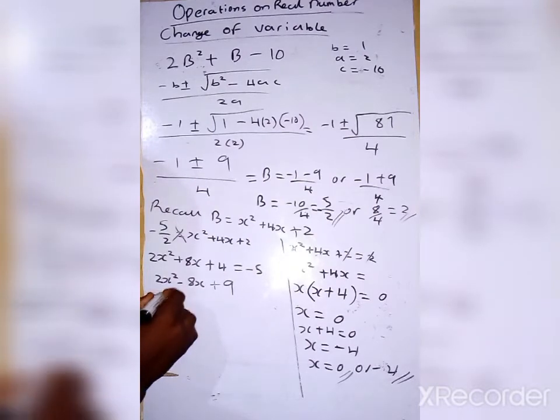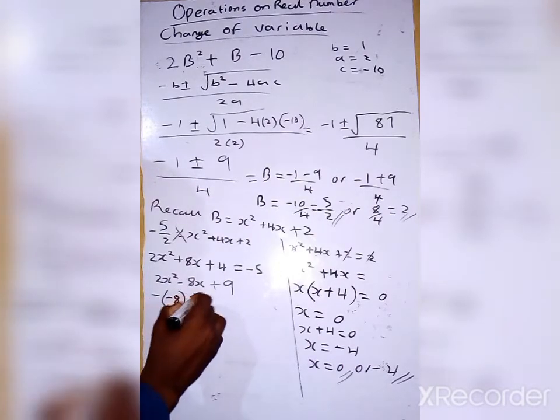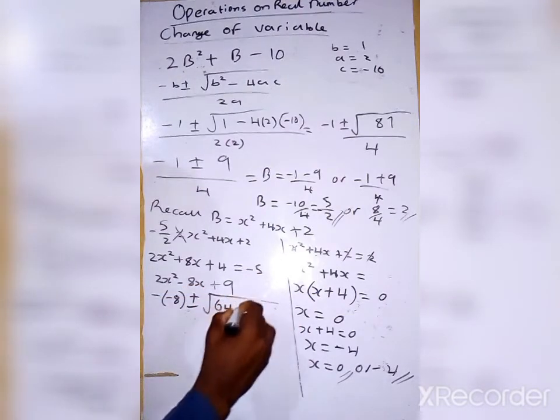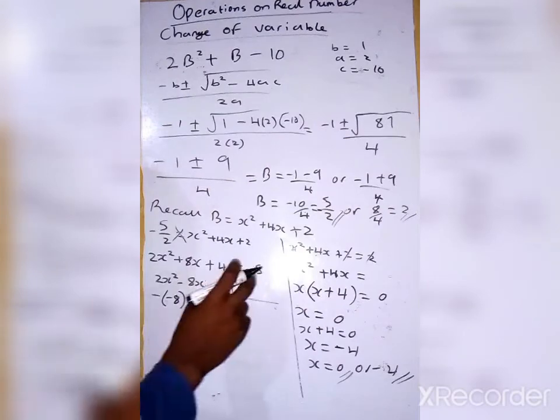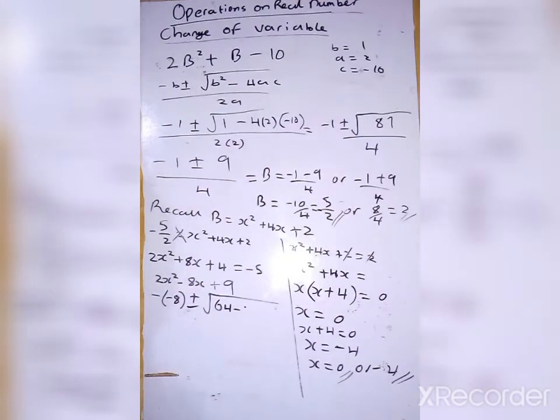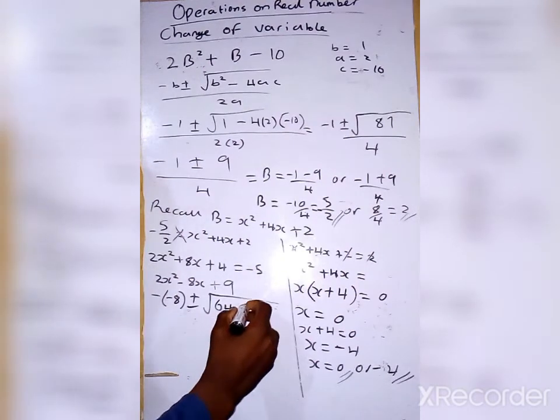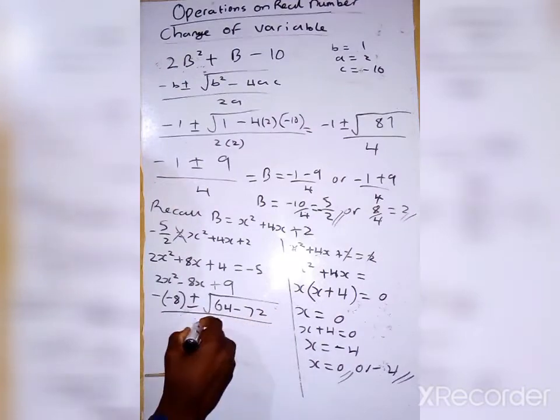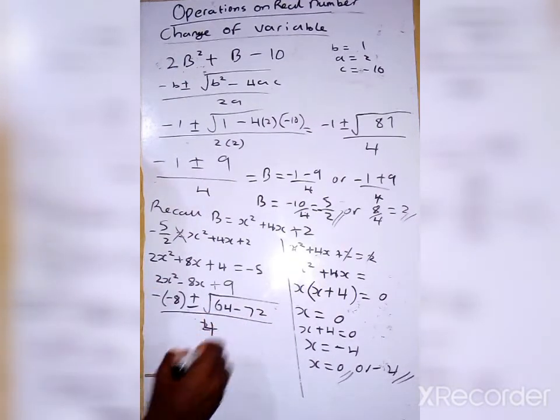Minus 8 plus or minus the square root of 8 squared, which is 64, minus 4ac. 2 times 9 is 18, 18 times 4 is 72. So minus 72, everything over 2 times 2, which is 4.